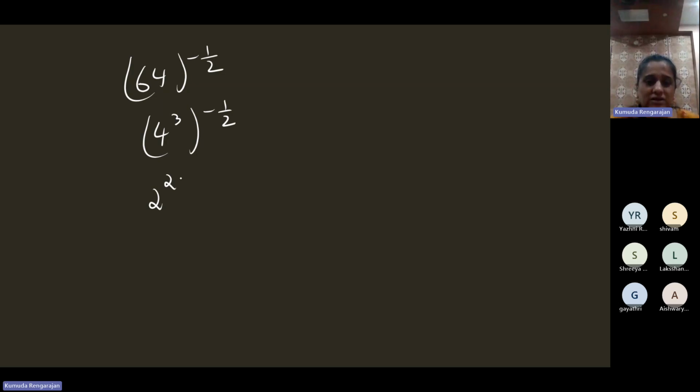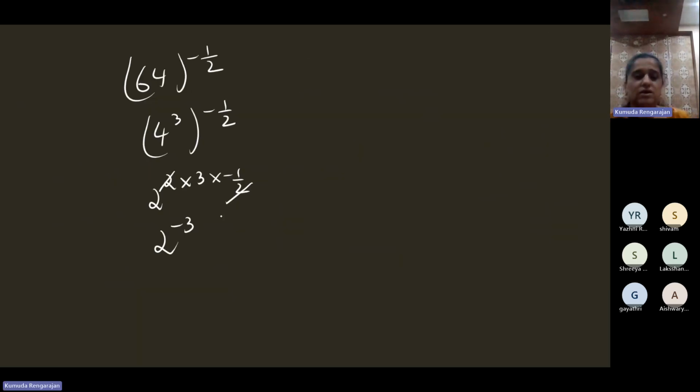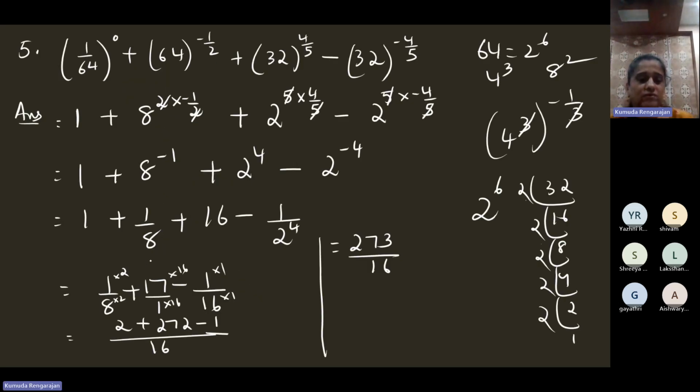Now this power 3: we simply have to multiply all the powers. So 4 is 2 squared, but there's the power 3, so into 3, and another power minus 1 by 2, into minus 1 by 2. 2 and 2 cancel. Now you're happy. So 2 to the power minus 3, which is 1 by 2 cube, which is 1 by 8. That's what we got here also.